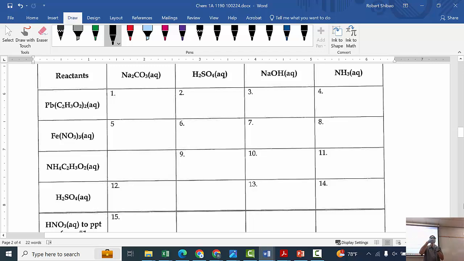But this has a smell. Do you know what this smells like? Vinegar. This smells like vinegar. You probably can't smell it because it's too far away. But I think a reaction happened. The ammonium acetate and sulfuric acid, we ended up with a CCS, but it does smell of vinegar.